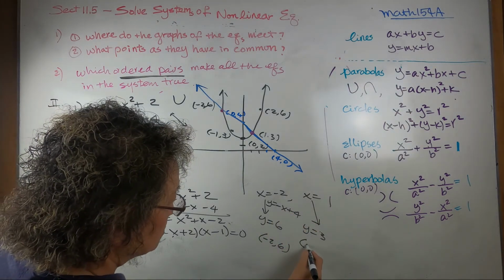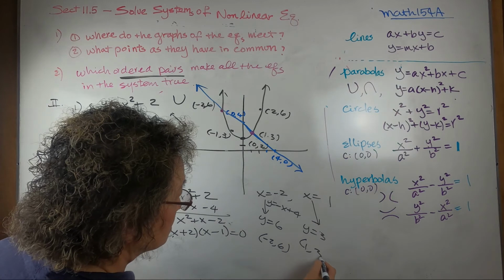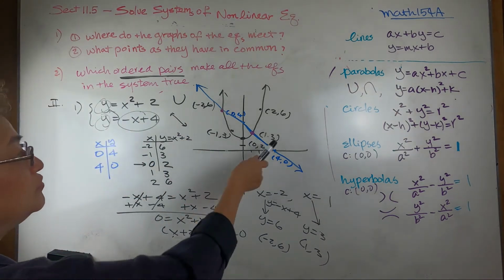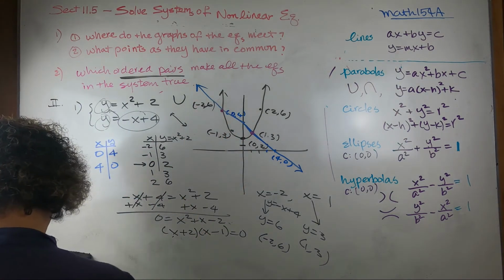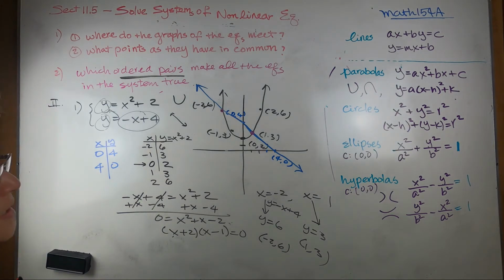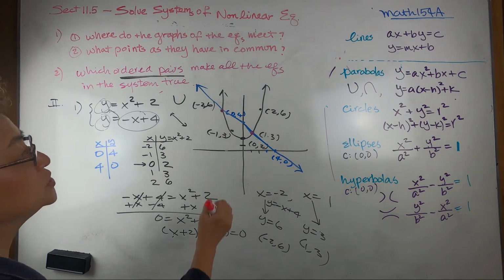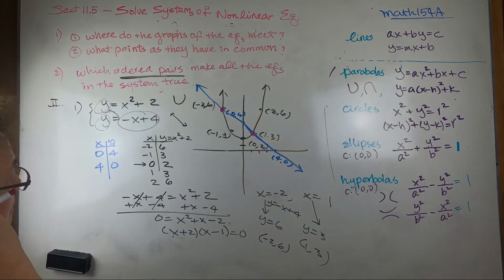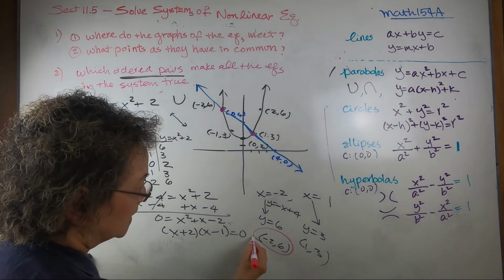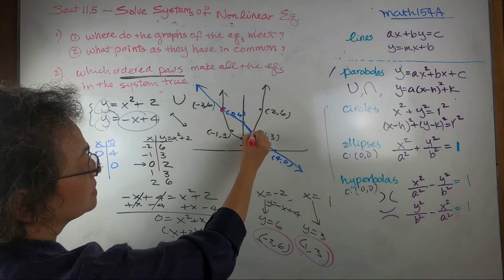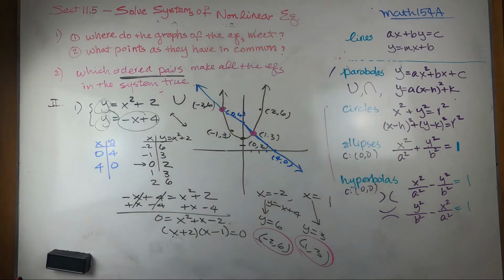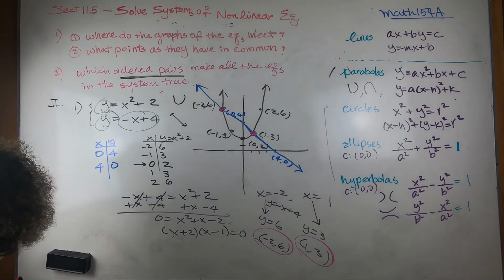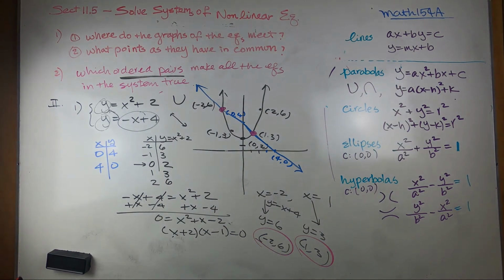So this one is 1, 3. When you visualize it from the graph, you know how many solutions you have, 2, right? But you cannot tell exactly the position. Then you have to solve it algebraically, and you find the positions are those. That would be your answer. That's how you solve it, okay?